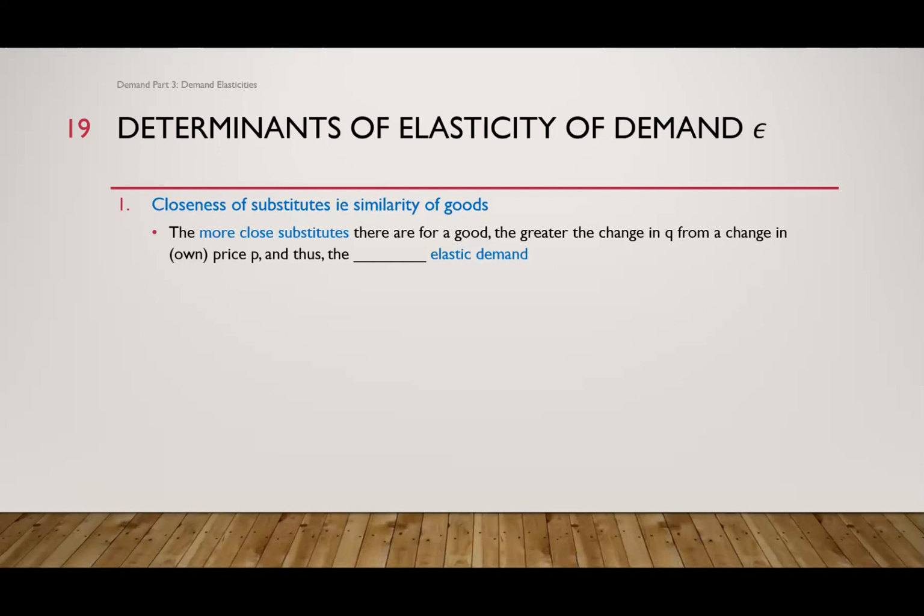And the only other thing to note about this is that with downward sloping demand curves, that would always be a negative number. So it's often the case that economists just drop the negative sign. Now, it's not universal, as we're going to see; some economists leave the negative sign in, some take it out.